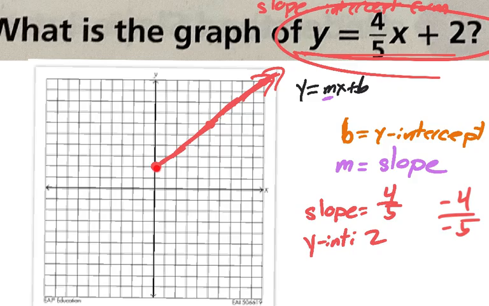I'm going to do that down 4, left 5. Again, it's because I draw terrible lines. And I can do it again, down 4, left 5. And so the more points I have, the better my line looks.